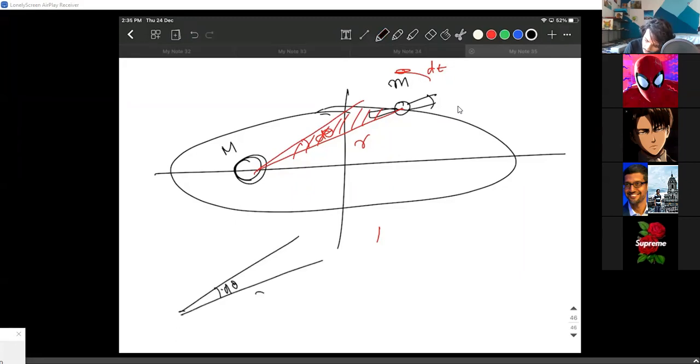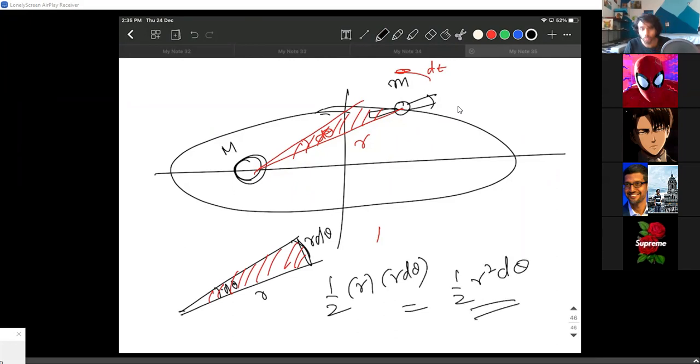This is d theta, this is r, so this arc is r d theta. To write the area of this sector, you might have already come across this: half r into r d theta, which gives us half r squared d theta. You know this, right?